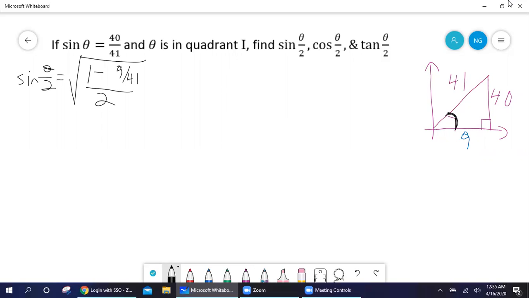all over 2. Just like I did on the previous problem, I'm going to split this into 2. So this will be 1/2 minus 9 over 82. Common denominators of 82 would turn the 1/2 into 41 over 82.